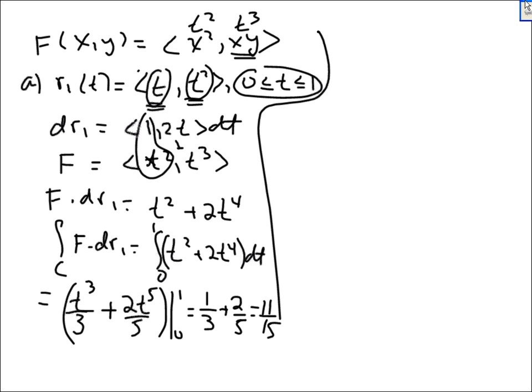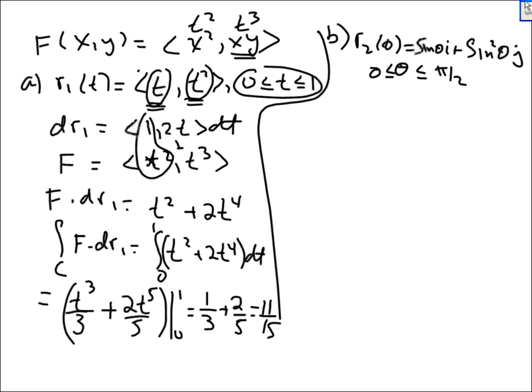What about path number 2, or part B? You're told that r2 of theta is sine theta i plus sine squared theta j, and theta goes between 0 and pi over 2.